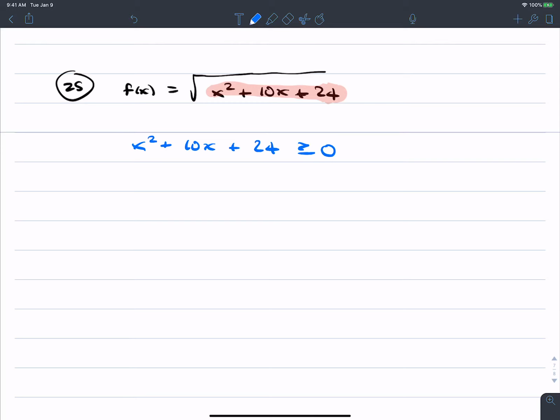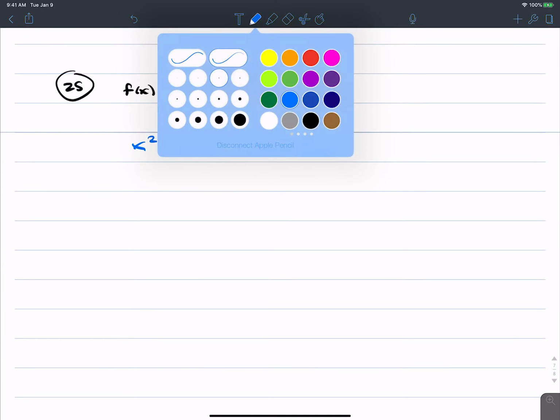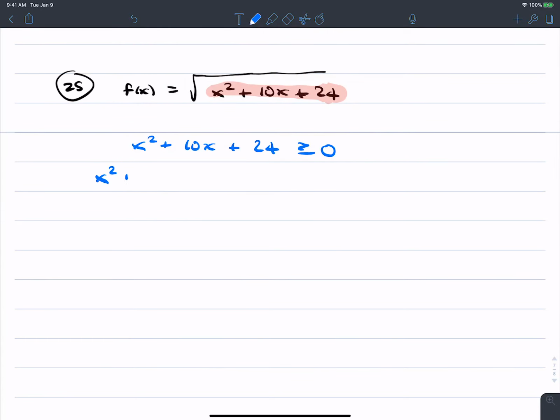And so we have to go through our sign analysis procedure, which means we focus on where it first equals 0. And then we'll focus second on where the quadratic is greater than 0. Because this portion means, again, greater than or equal to 0.